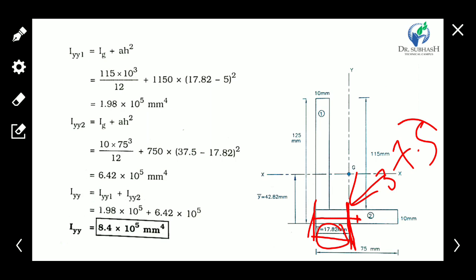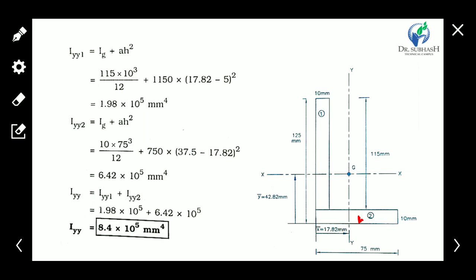So subtract 17.82 from 37.5, then we get the value of the distance between the CG of the second element and the y axis. So 37.5 minus 17.82. Okay, and now we have all values of Iyy2. So we easily get the moment of inertia about y axis for the second element. It's 6.42 into 10 raised to 5 mm raised to 4.